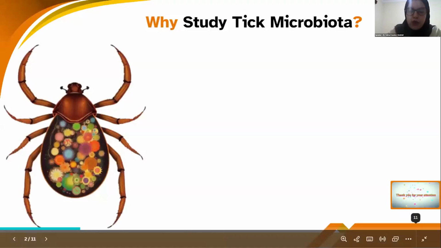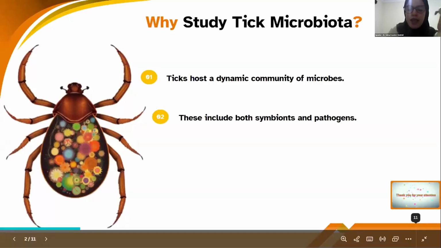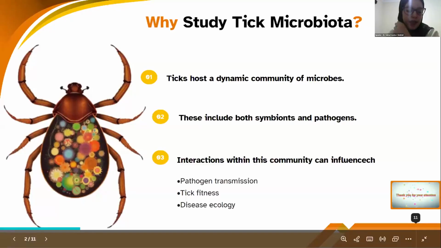The first question that arises here is why study tick microbiota? Well, ticks carry a diverse and dynamic microbial community. It includes not just pathogens, but also symbionts like Rickettsia.